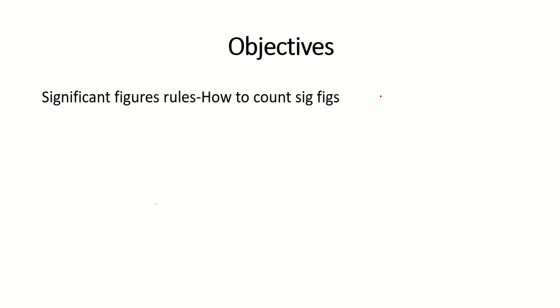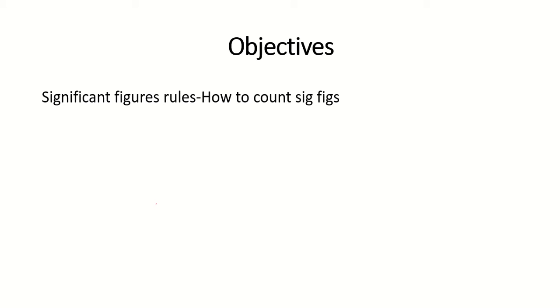Hello everyone. The objective of this video is to learn how to count the number of significant figures using the significant figure rules. So this is basically using the significant figure rules to find the number of significant figures in a given number.